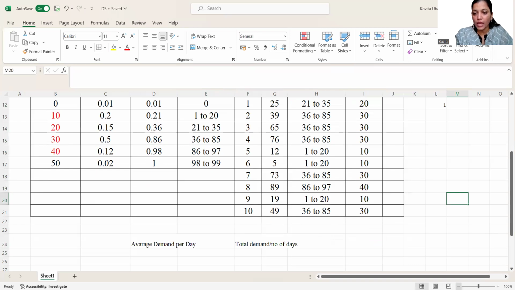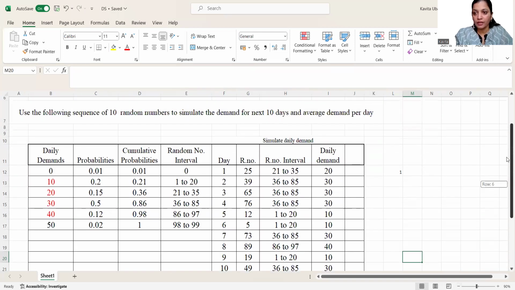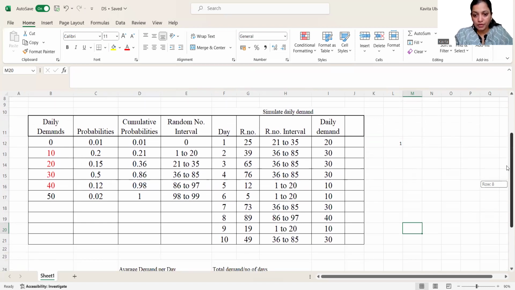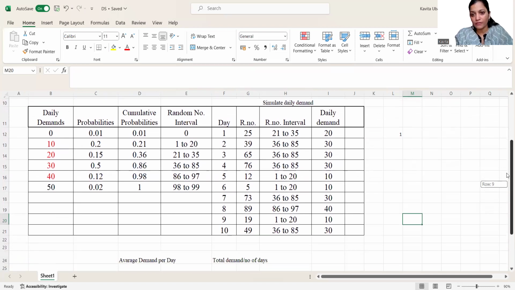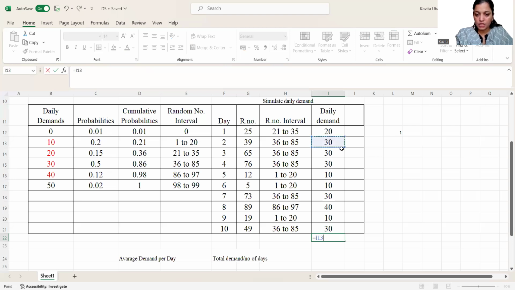They have asked you to calculate one more thing, that is the average daily demand, the average demand per day. So how do we generally calculate an average? We need to add the demand for the next 10 days.